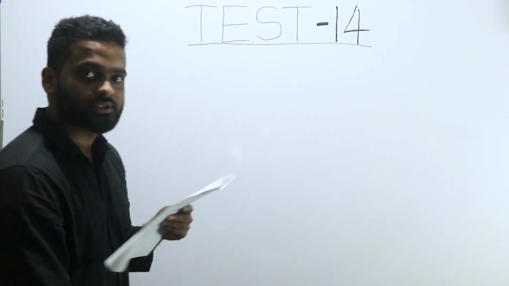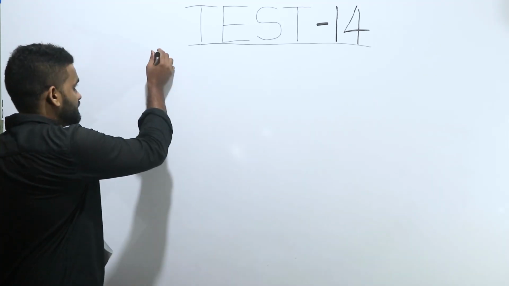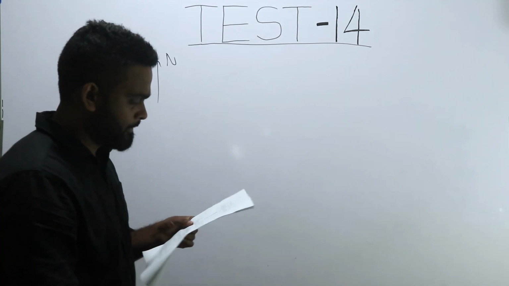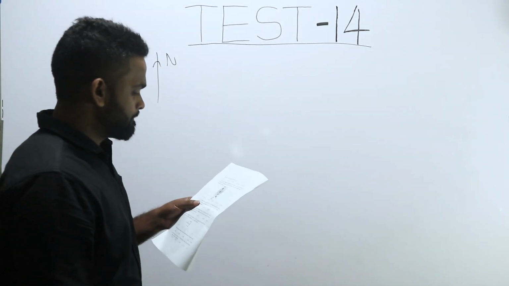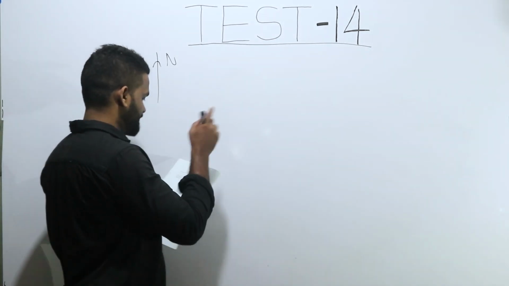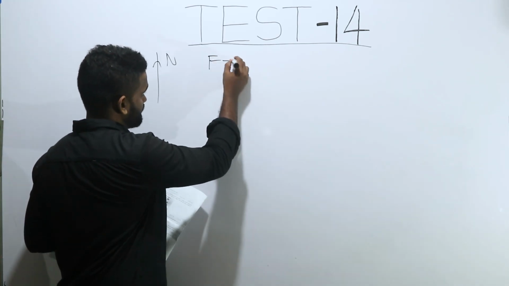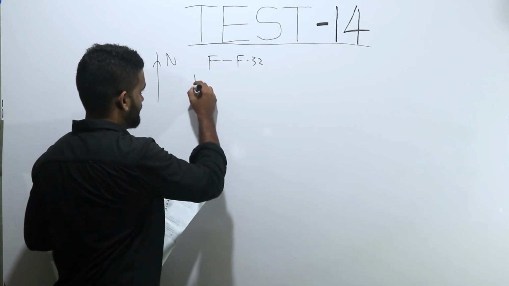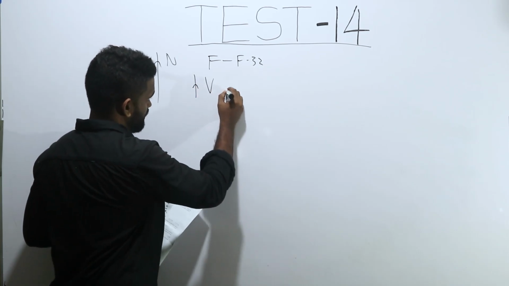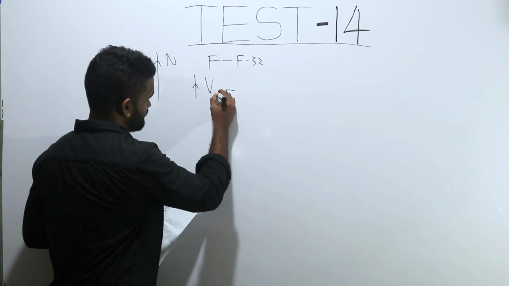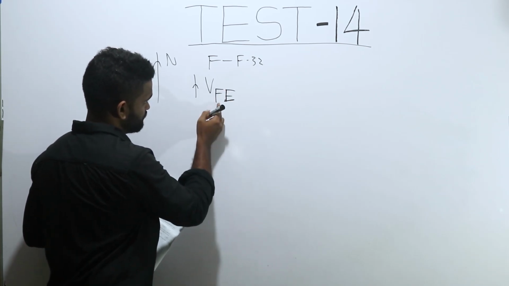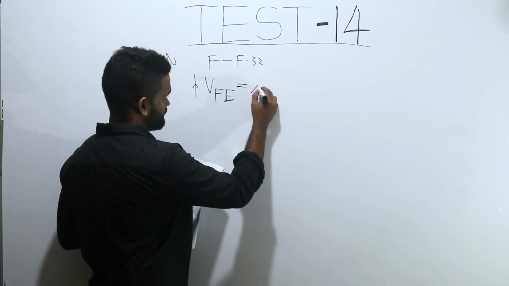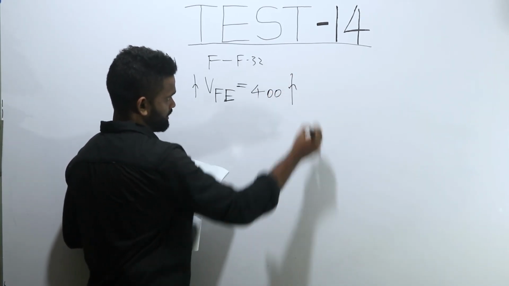Okay, first I'll mark north, let's say north direction, this direction. This F-32, I'll just take F-32 as capital F. So it is flying relative to Earth, velocity of F-32 is 400 north kilometers per hour.